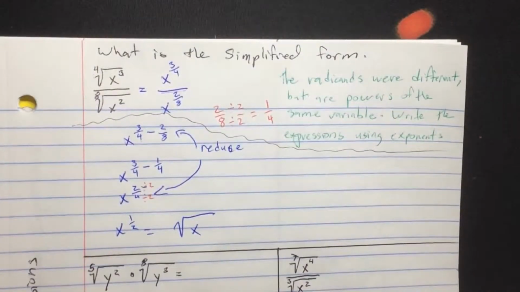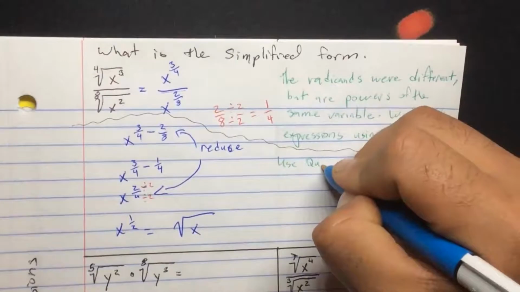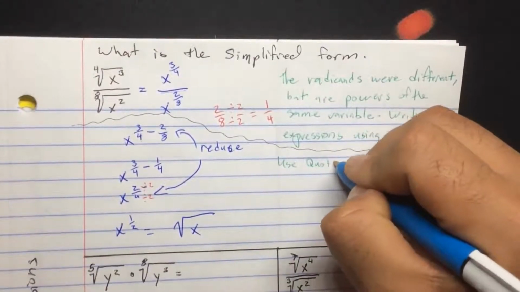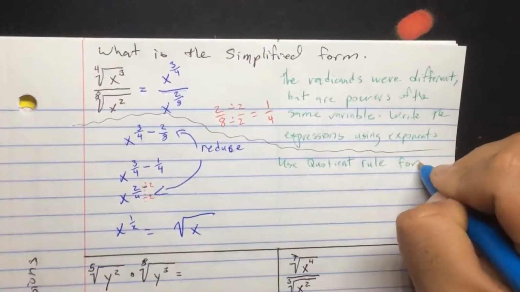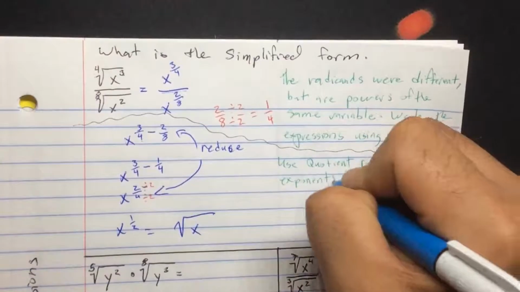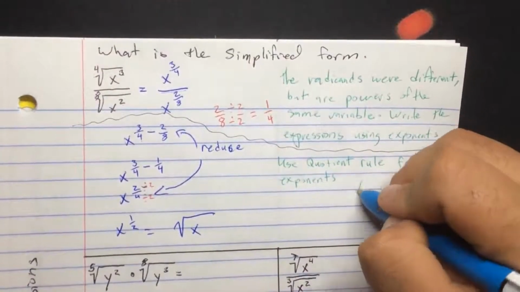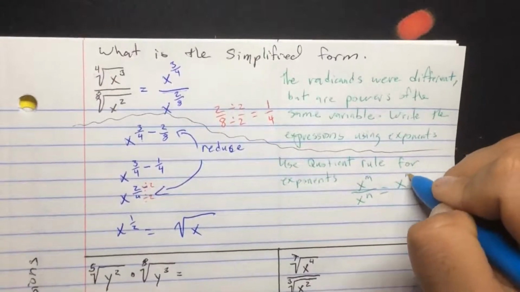And then the second part, what we did is we used the quotient rule for the exponents. The quotient rule is, if you have x to the m over x to the n, this is going to be equal to x to the m minus n.